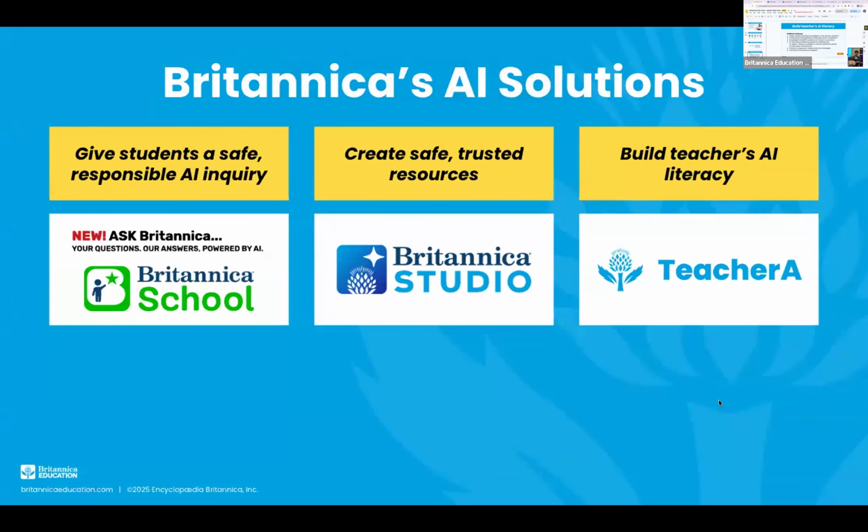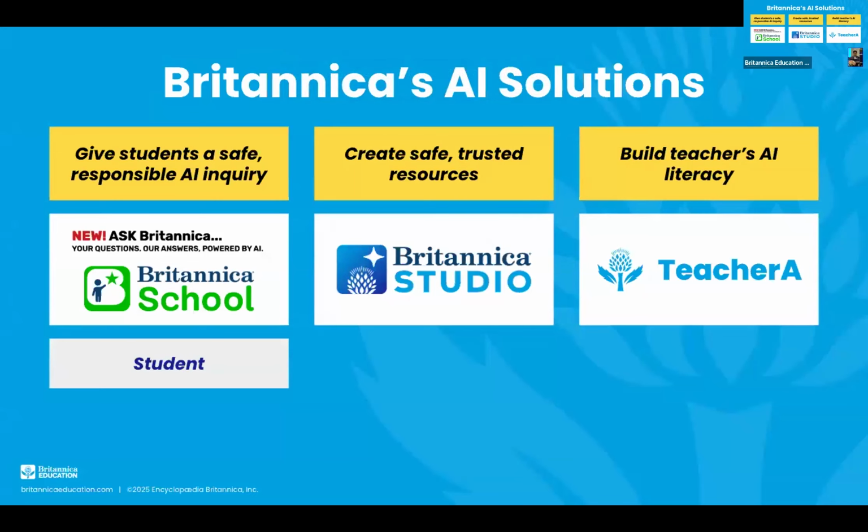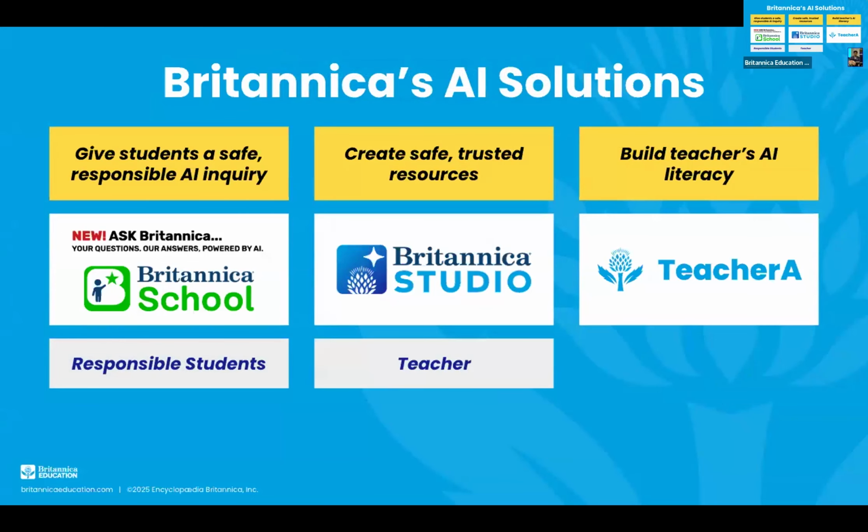So I've already spoken about Britannica School, Britannica Studio, and TeacherA. We can see over here, Britannica School is basically for your students to use, and it helps your students to be more responsible because they are not abusing the AI anymore. They learn how to be accountable.